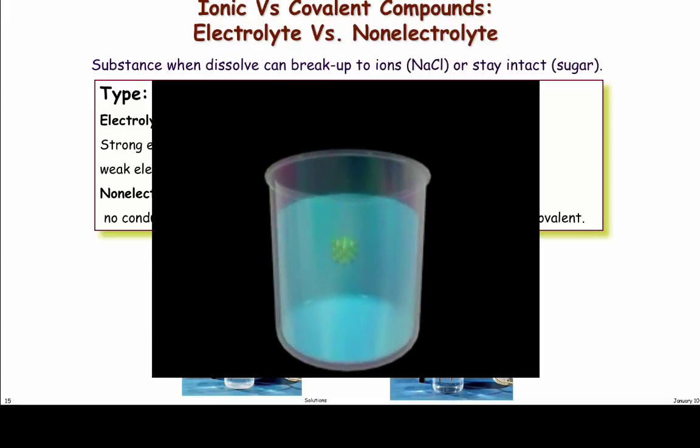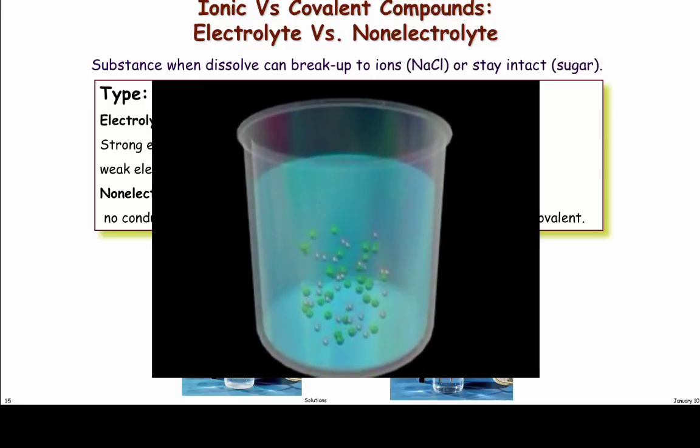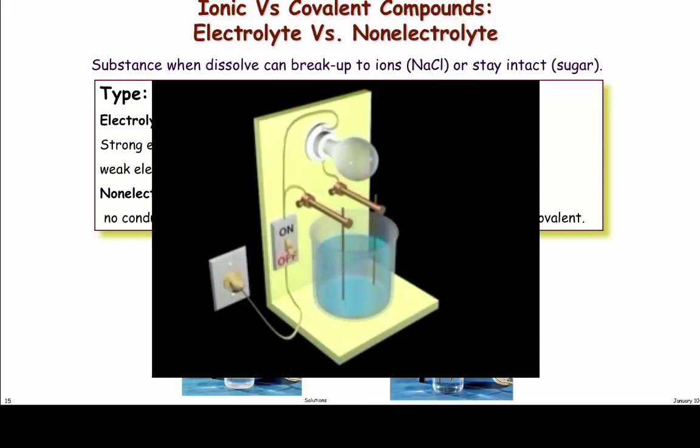When sodium chloride is dissolved in water, it forms a solution of separated sodium and chloride ions. The presence of ions in the solution is responsible for the fact that the solution is a conductor of electricity. Substances such as sodium chloride that exist in aqueous solution entirely or nearly entirely as ions are called strong electrolytes. By contrast, an aqueous solution of a non-electrolyte, such as sugar, does not conduct electricity.